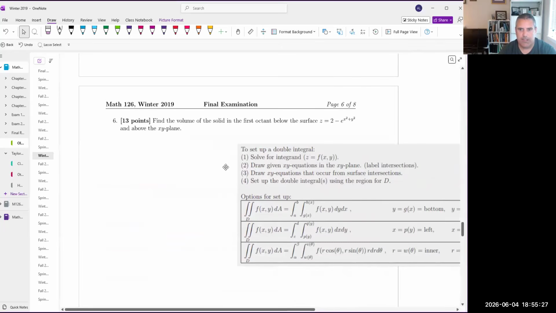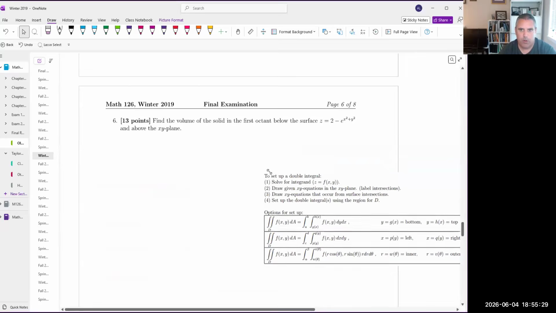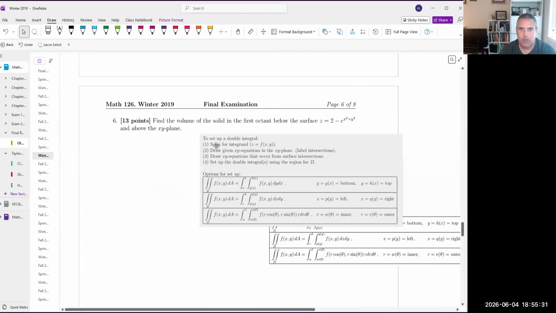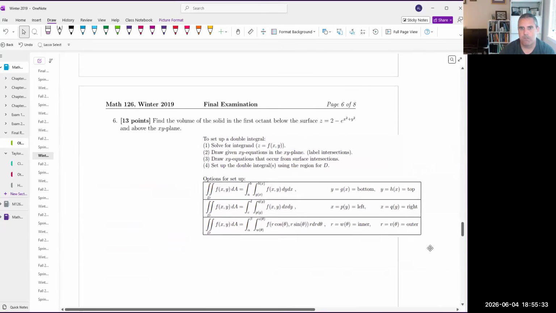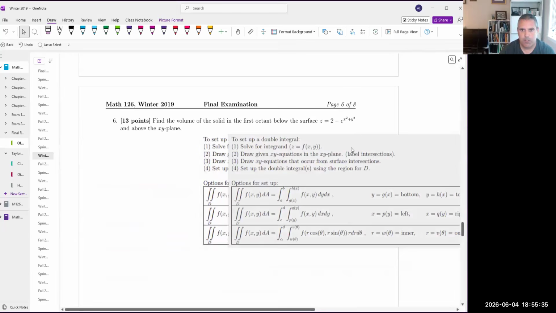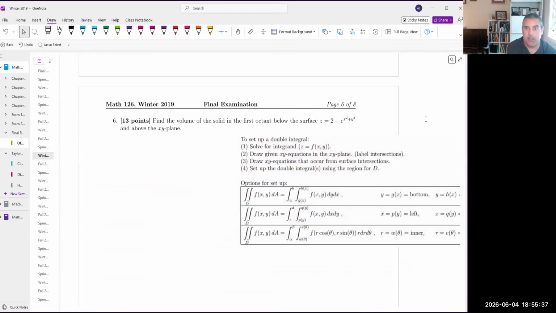So I would have something like this in my repertoire of how do I set up volumes? And that's from our final review sheet, but I had something similar in chapter 15. So first, we have this tool called a double integral. And it needs to be handed two things.